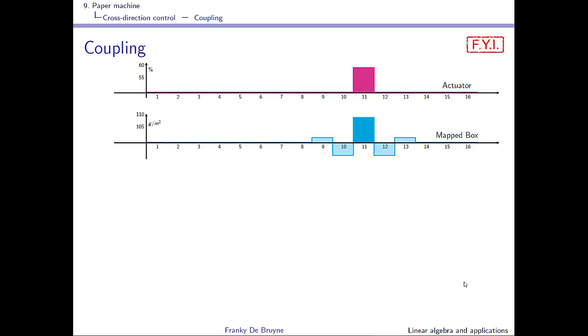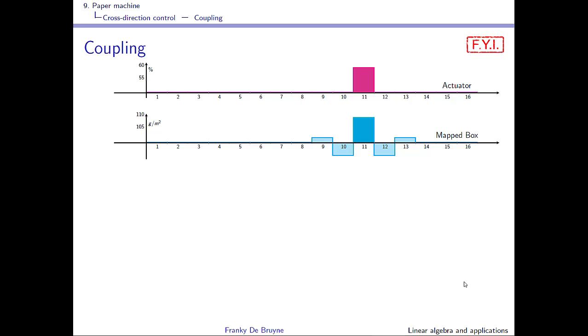Then you can change the position of one actuator. Here, for instance, actuator 11 is brought to a position of 60%. Then you have to wait until all dynamic effects have disappeared and you're in a steady state, and you'll have a corresponding mapped profile. This is the profile that you see on the screen.